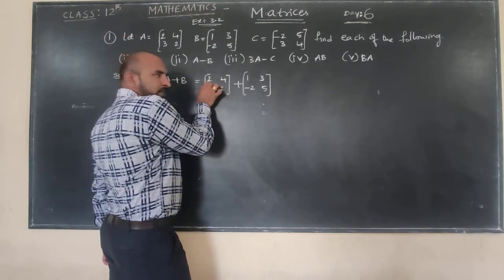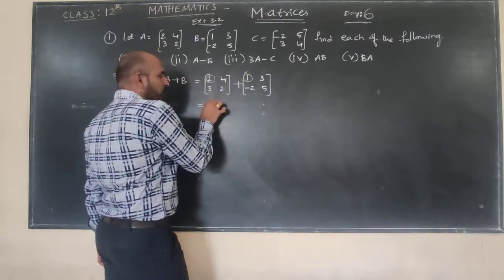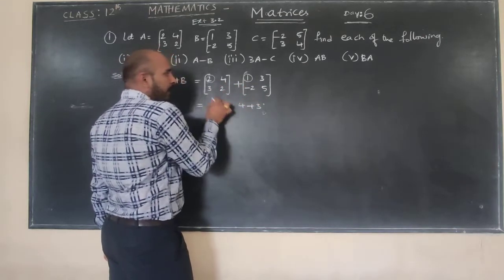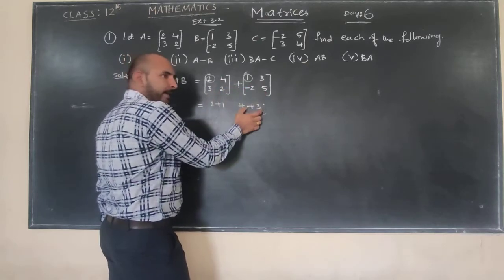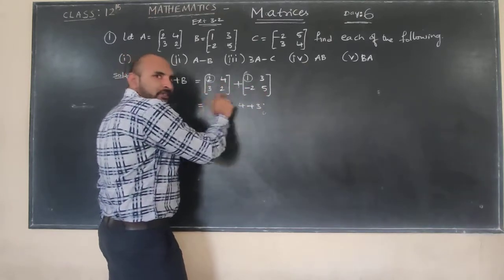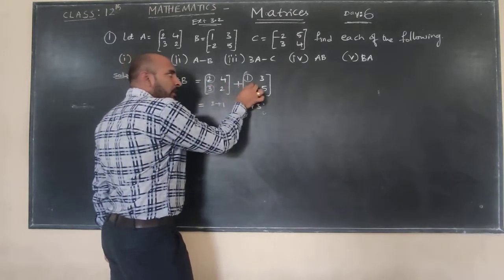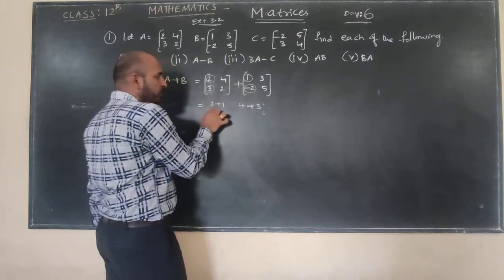First row, first element here, first row, first element here: 2 plus 1. Another element, 4 plus 3. Now coming to the second row elements. Second row, first element for the second matrix: 3 minus 2.